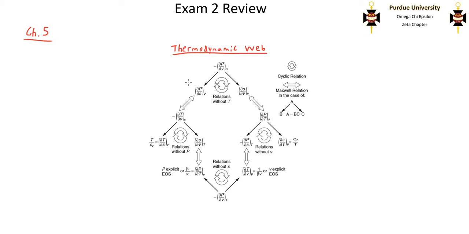Like, for example, if you were given an expression for delta P over delta S at constant V, and they asked you to derive it in terms of T over CV, this would show you the path that you need to take in order to get to that final answer. So this could be really helpful. Definitely don't have to memorize it, but being familiar with different derivations would be important to know.